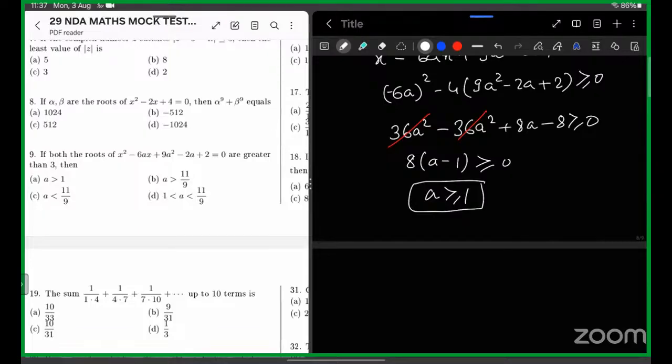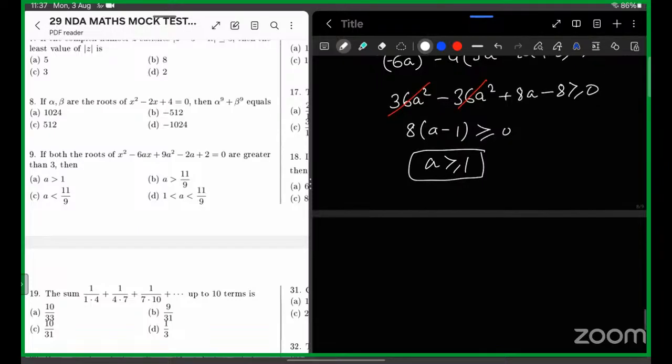X square minus ax are greater than 3. Okay. First property I have applied it. In second part, how I am going to calculate, that is important. A is greater than, there are two options. They are also asking about the maximum limit till where it can go. So they are saying that greater than 3.